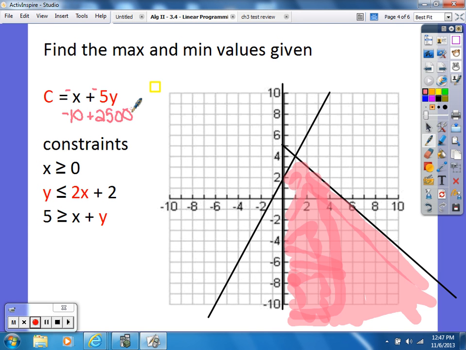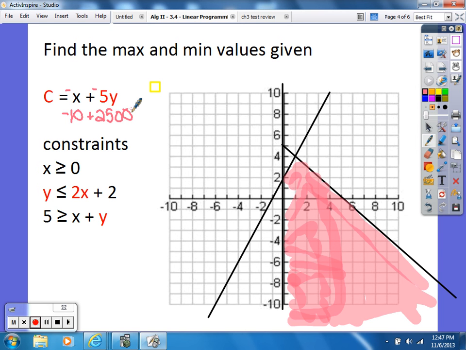Even though it's going down, because that C function changed, there'd be no max. Does that make sense? So you can't go on which way the graph goes. You have to pick a ridiculous point in that pink region, and see which one it is. Does that make sense? Okay.